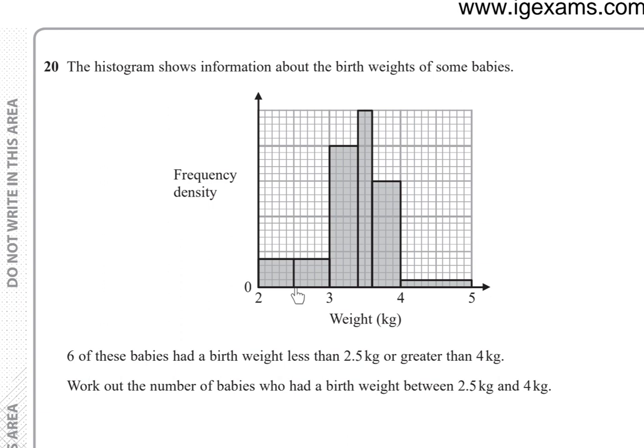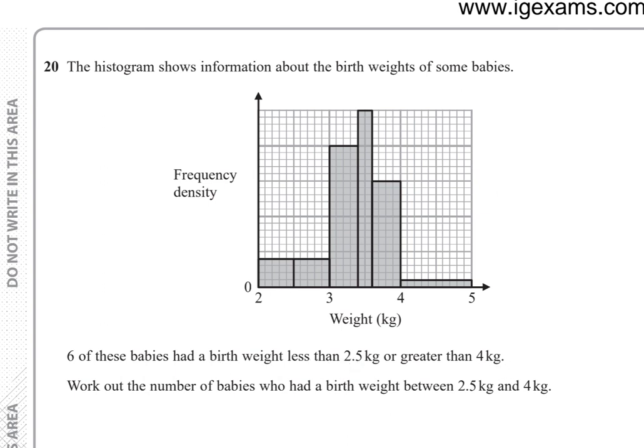We need to find the area between 2.5 and 4 because the area represents the number. To find the area for each rectangle, we need base and height. We have the base, but we need to find the scale for the height. It's given that 6 of these babies had a birth weight less than 2.5 and greater than 4.